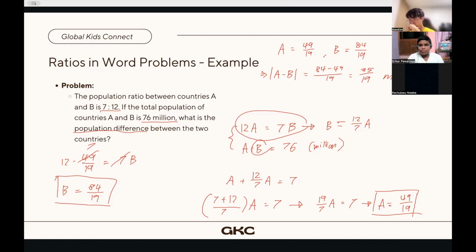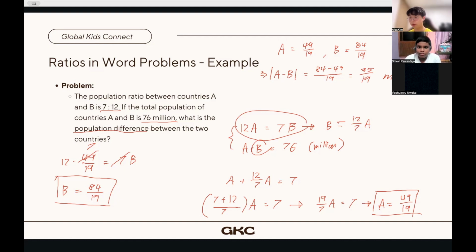Then you do the percentage kind of thing. Seven part of the whole times the total. So 7 over 19 times 76, and that will give you 28, right? 12 over 19 times 76 will give you 48. Then you find the difference, which is 20 million. I do not know how you got all this.